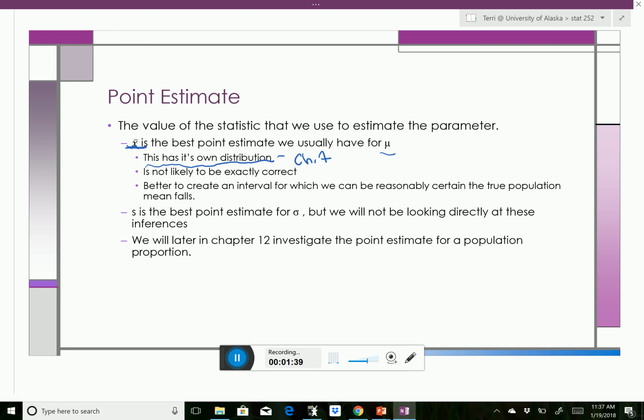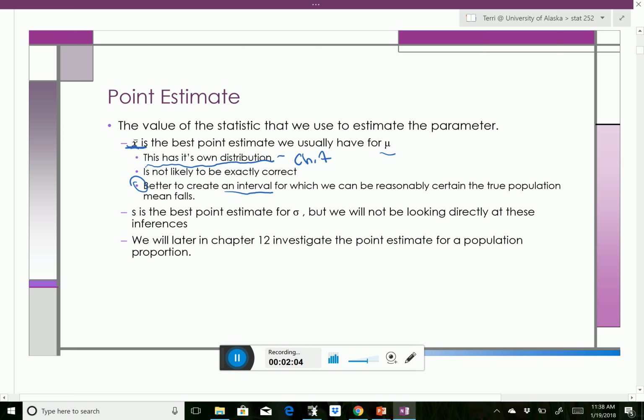And you will notice when we do the activity in class for the dice rolling, very few people get exactly an average of 7. Some people do, but it's very unlikely. So generally speaking, it's better to create an interval for which we can be reasonably certain the true population mean falls. And that's kind of what we're going to be doing with the confidence interval right here.